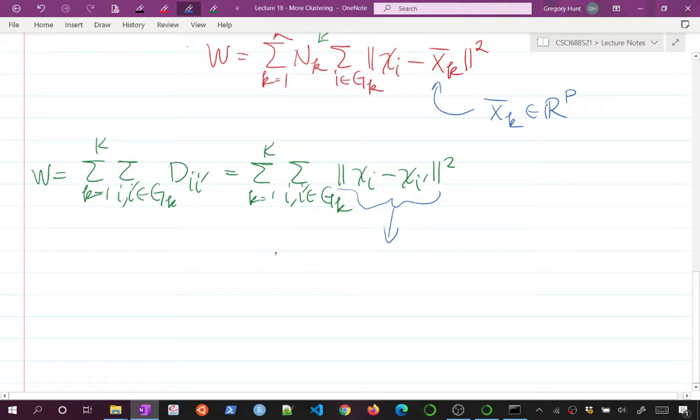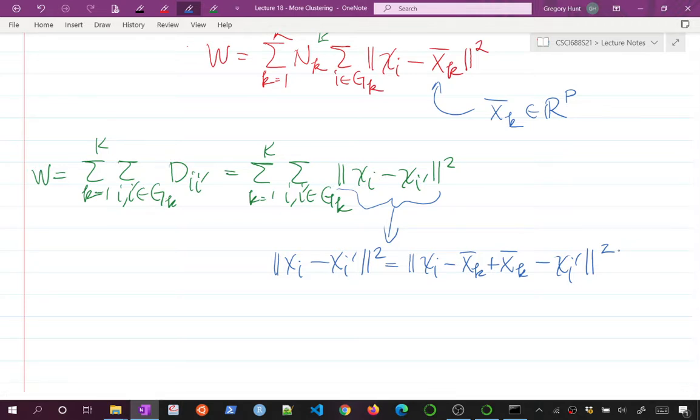And so we can take a look at this Euclidean distance squared, and I can say that the norm of xi minus xi prime, squared, is the same thing as xi minus x bar for my group plus x bar for my group minus xi prime. So I can add and subtract my group mean. That certainly doesn't change anything because that's just adding 0.